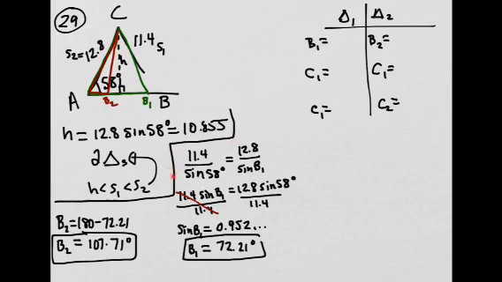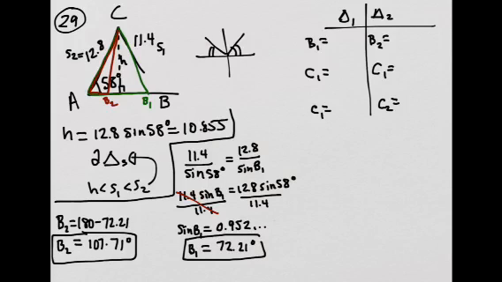So here's the setup, here's the proportion, cross multiply, so there's your 11.4 sine B1 equals 12.8 sine 58, divide by 11.4, put this into the calculator and you get this. Inverse sine, because you're looking for the angle B. Now, remember, sine is positive both here and here. The calculator gives you this answer right here, but you know that this angle is congruent to this angle.